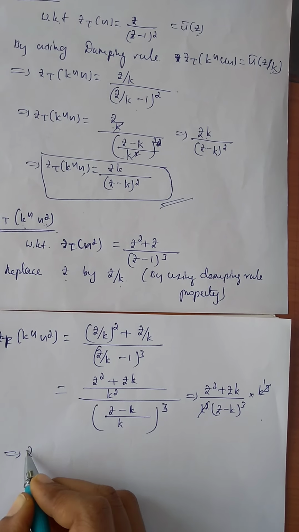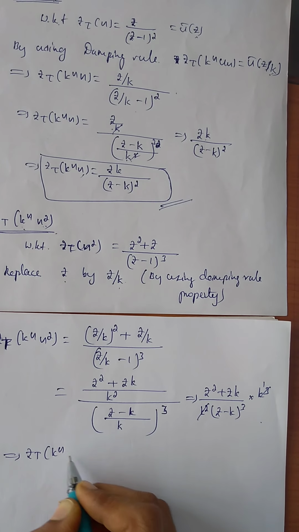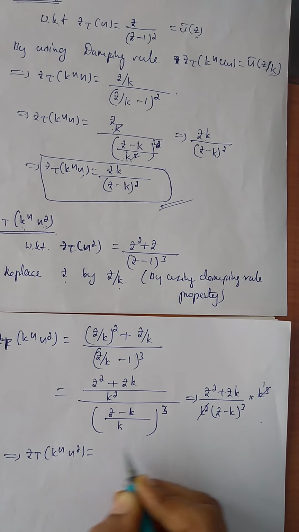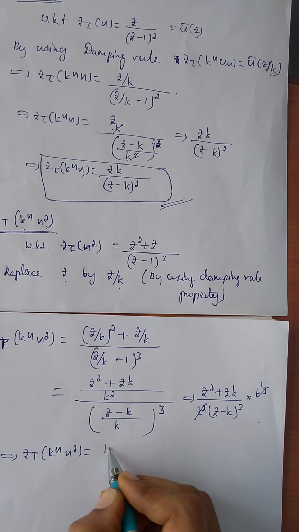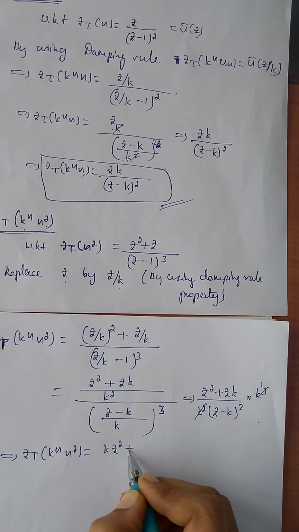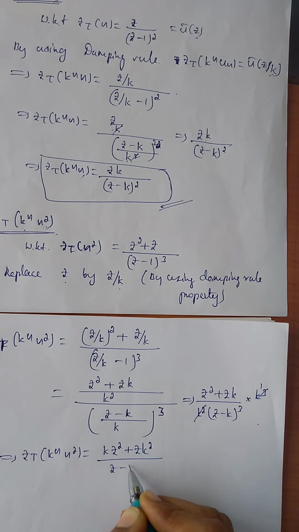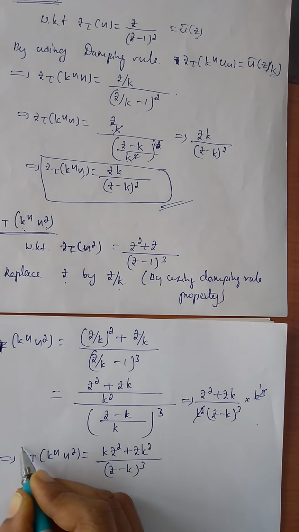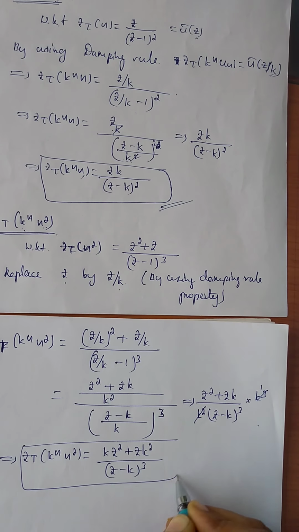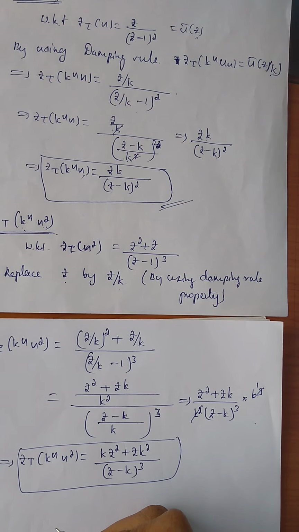The final answer is the z transform of k to the power of n into n square. Just multiply with k, we get k into z square plus z into k square, and the denominator is z minus k whole cube. This is the answer for the z transform of k to the power of n into n square.